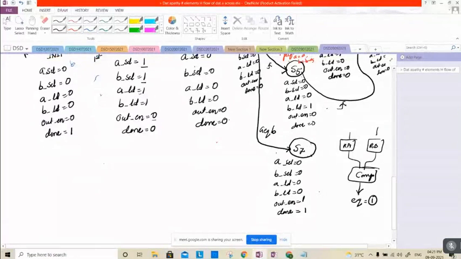Dimple, if you are online, tell me what will be the output value of the register R out during the S7 state. 1, sir. The output of the register, when enable is equal to 0.